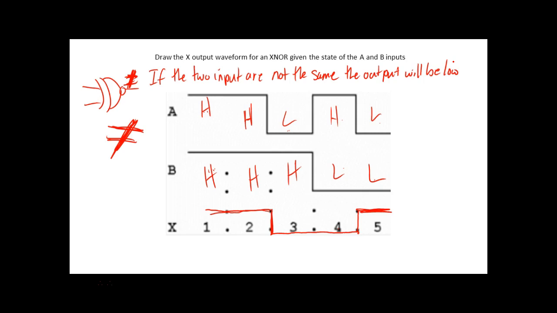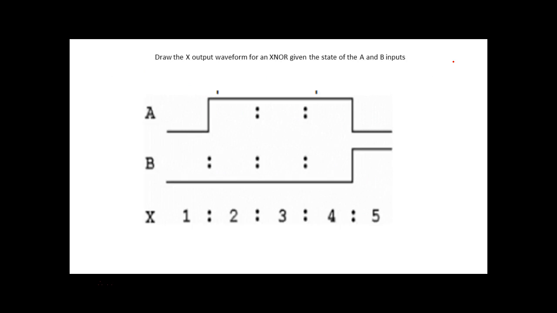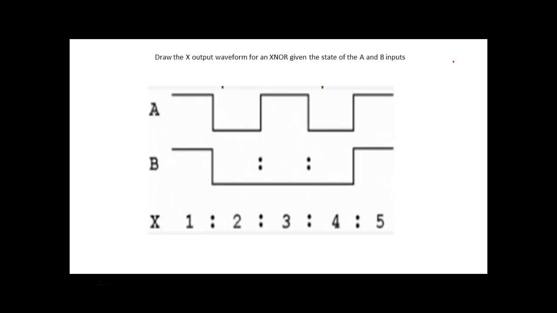Now I don't know how you would come up with that. Okay, so draw the symbol. That's the symbol. It says, okay, this says if they are not equal, I get a high.